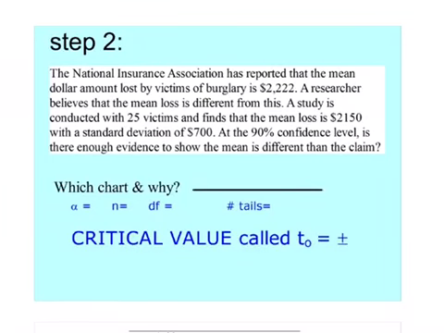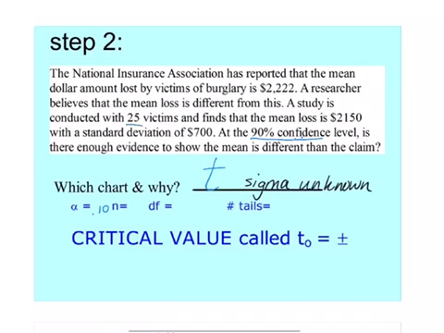So back to our National Insurance Association question. There's nothing in the problem that says sigma. In other words, sigma remains unknown, which means we should use the T-table. If we're using the T-table, we need an alpha. If we are 90% confident, then we are 10% unconfident. Just like the T-table shows us, alpha and confidence are going to be complementary to one another.